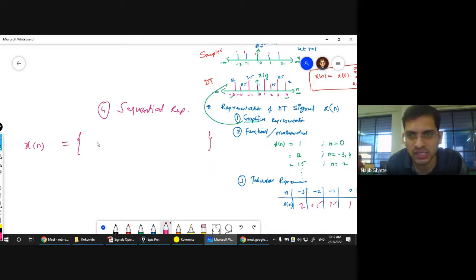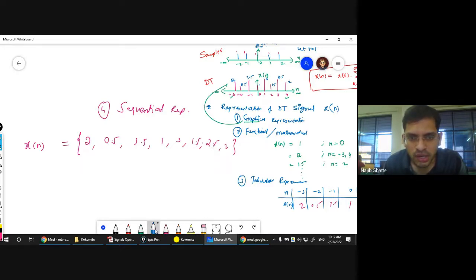Now simply write 2, 0.5, comma, 3.5, comma, 1, comma, 3, comma, 1.5, comma, 2.5, comma, 2. Complete.